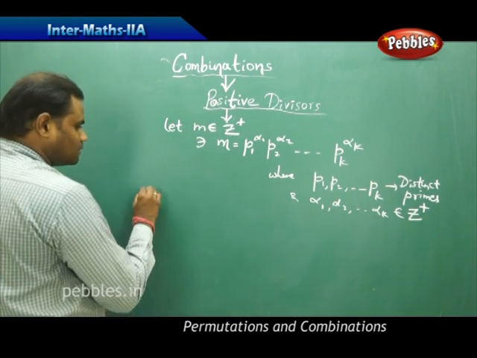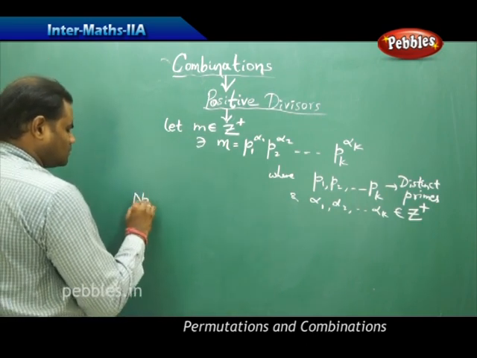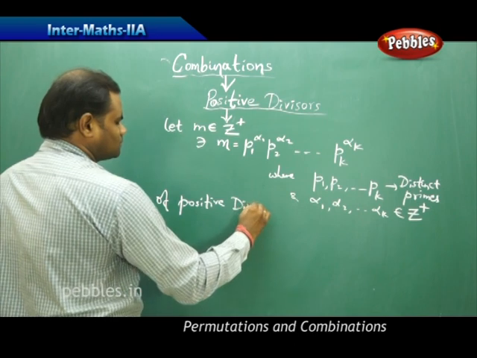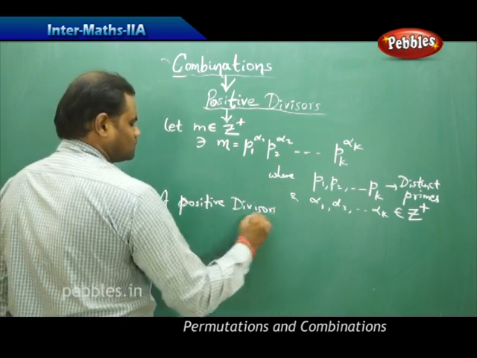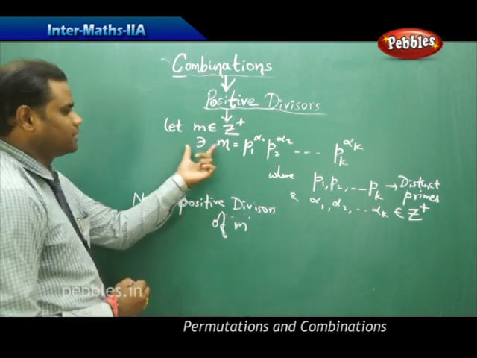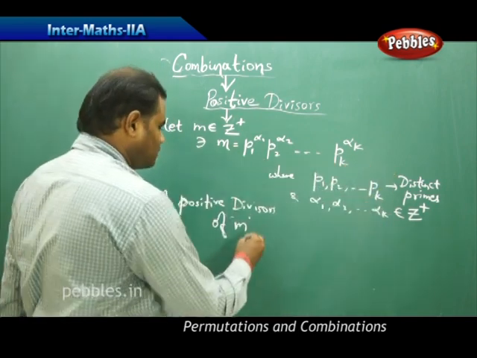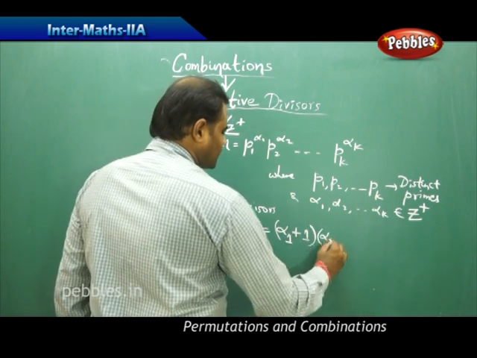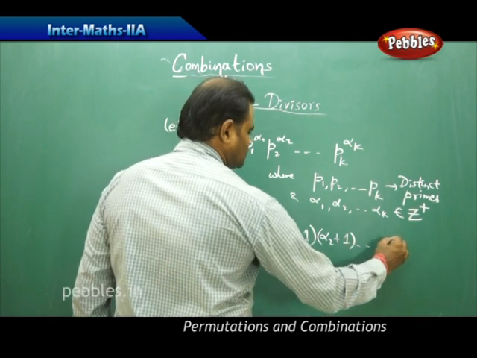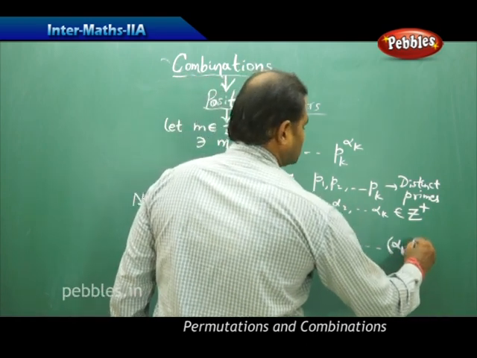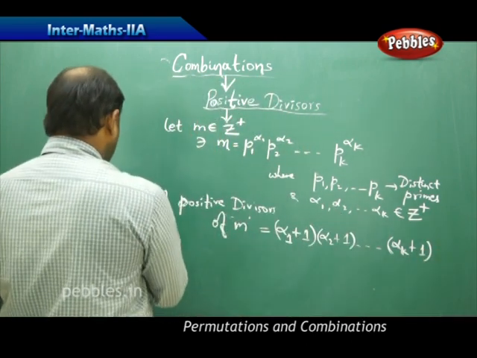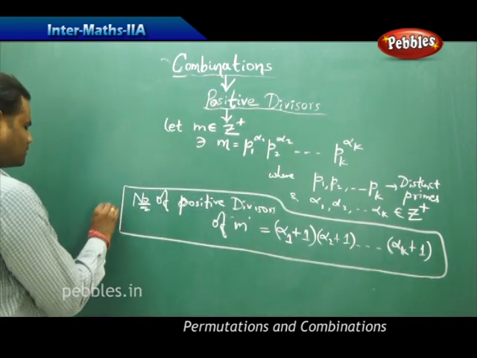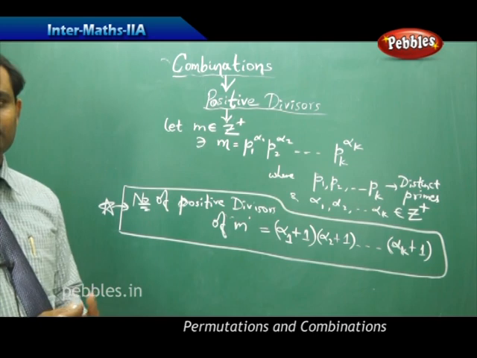Under this condition, the number of positive divisors of m, the positive integer m expressed in this form, is given directly by the formula (alpha1 plus 1)(alpha2 plus 1) till (alphak plus 1), is how I understand the formula for finding the number of positive divisors of m.